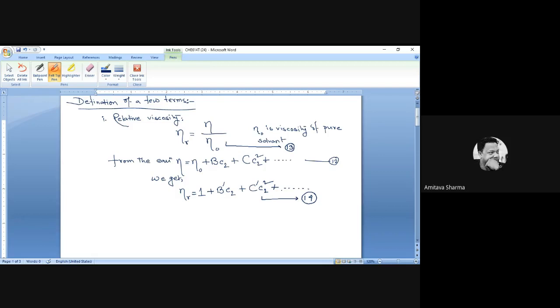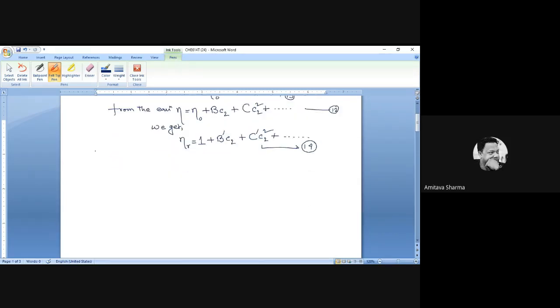And again for your information, the IUPAC name of eta R is the viscosity ratio.